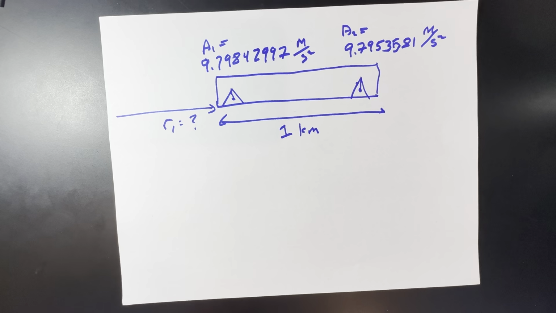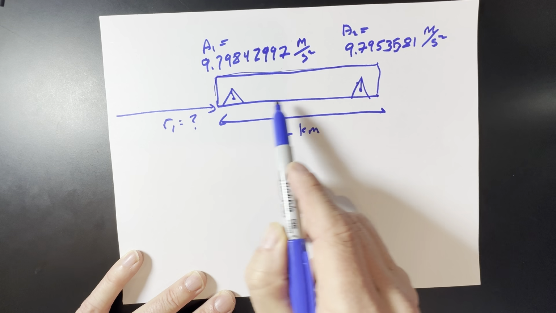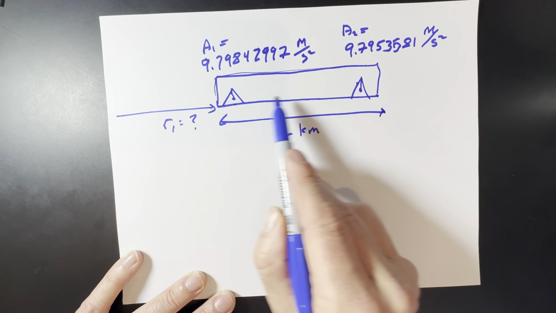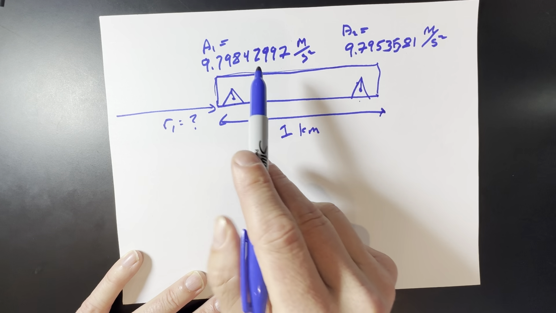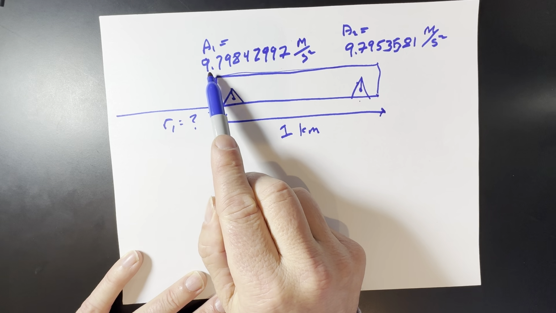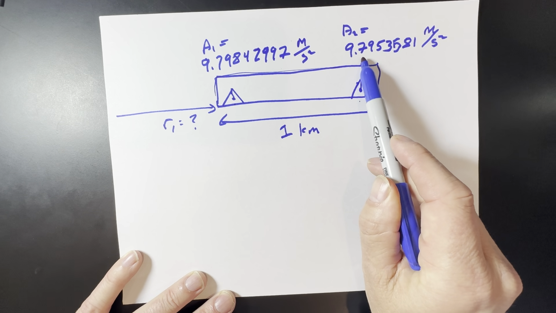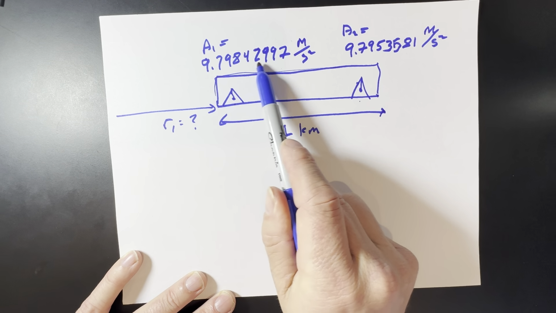Okay, just going to add an actual calculation. So this is your rocket or your object. There's a 1 kilometer separation between the two accelerometers. The first accelerometer reads this number with many significant digits.